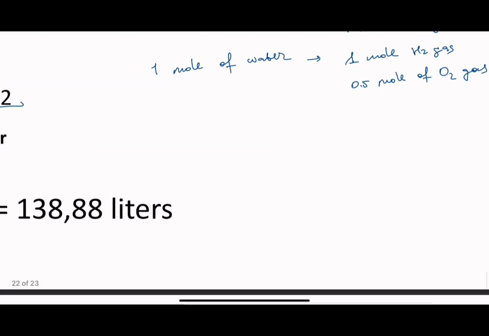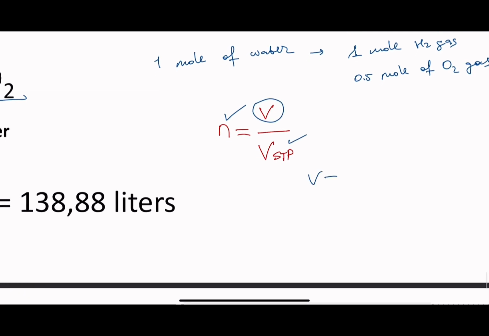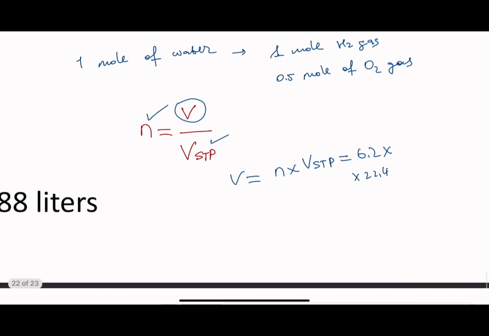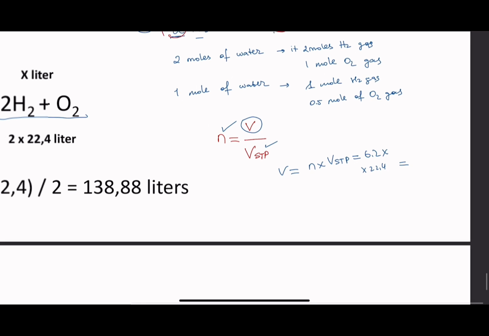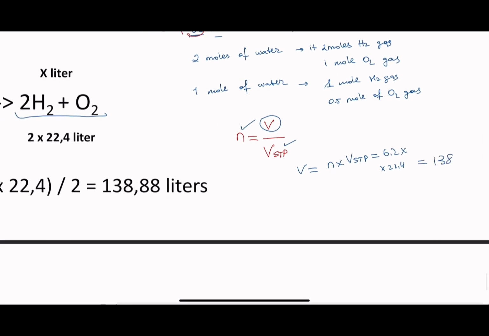So we know that we have this formula, n equal to V over V STP, right? We're given the number of moles. We know the V STP, we're just looking for the V, and this V equals n multiplied by V STP, and this would be 6.2 multiplied by 22.4, and this would give you the value of 138.88 liters.